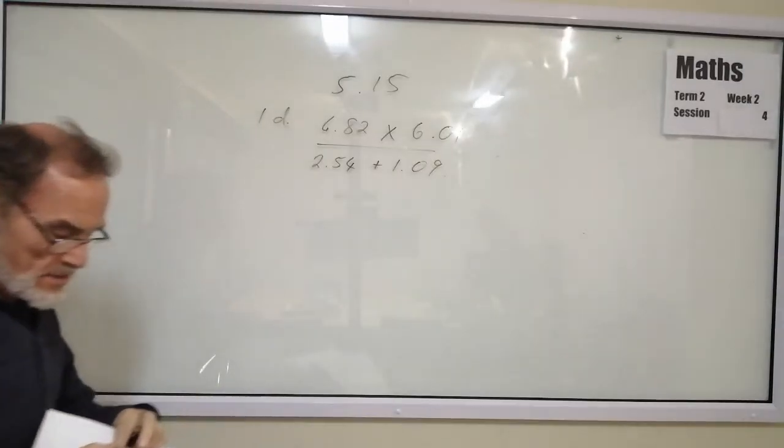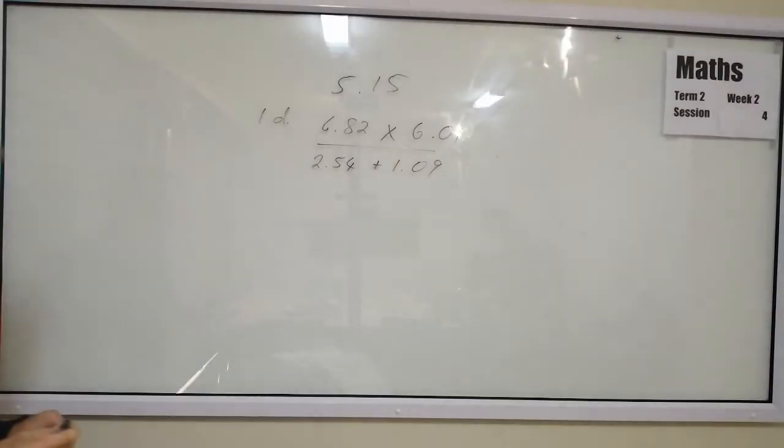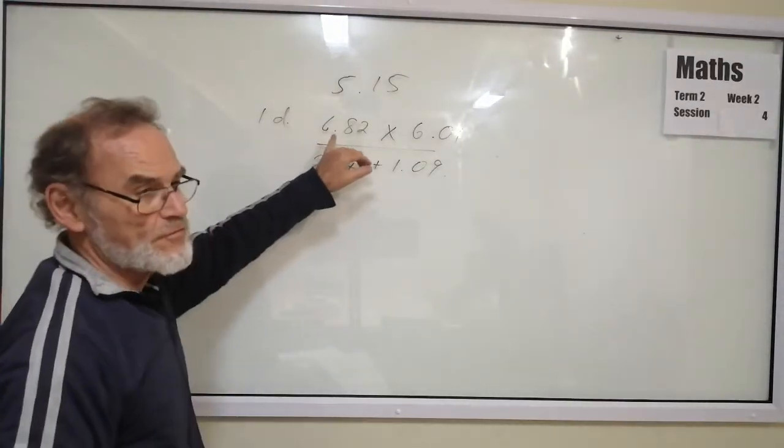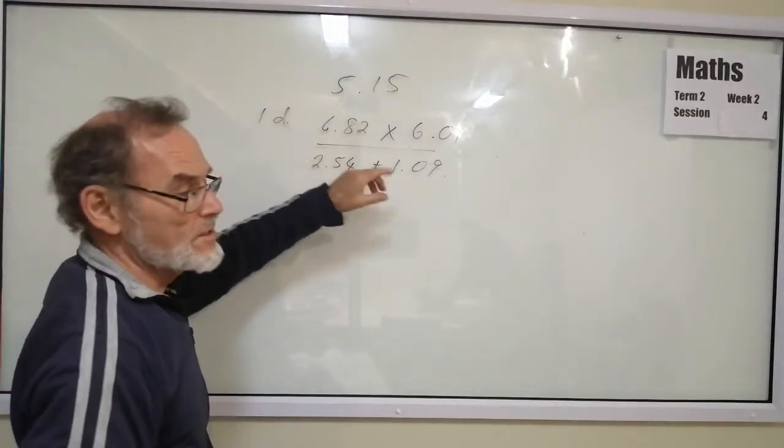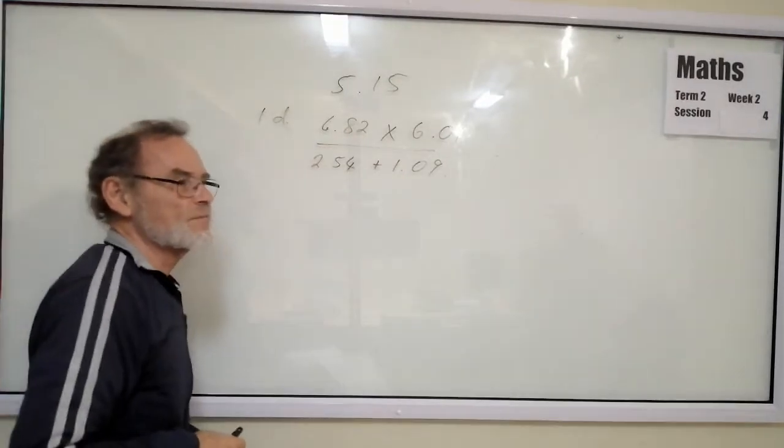So the way to estimate is to reduce these significant figures. These are all written in 3 significant figures, so we want to reduce them to 1.